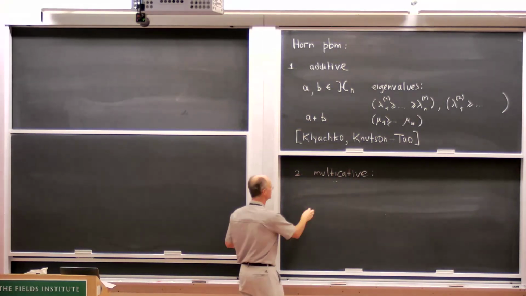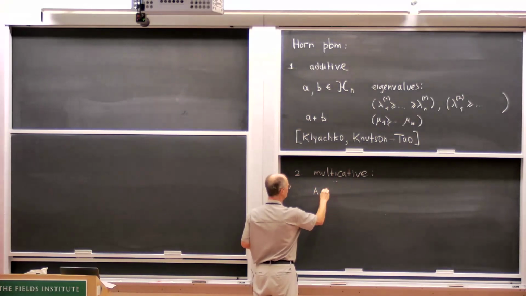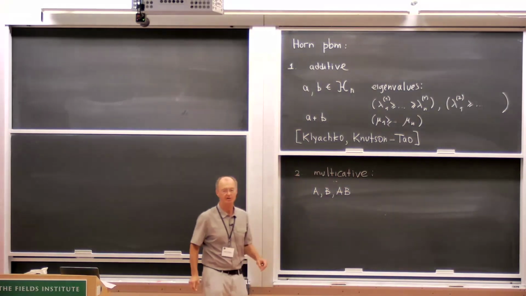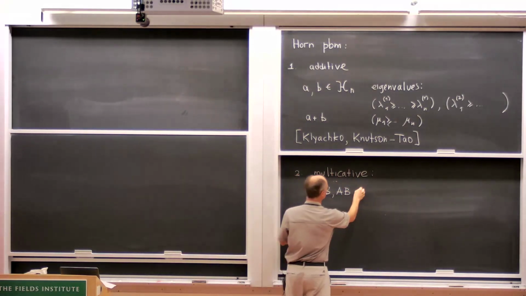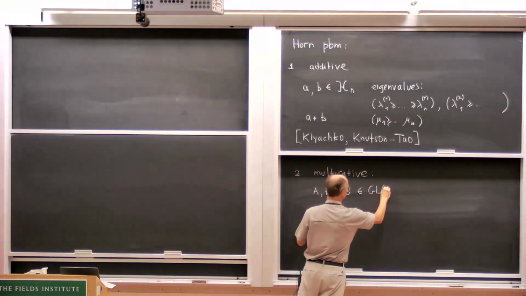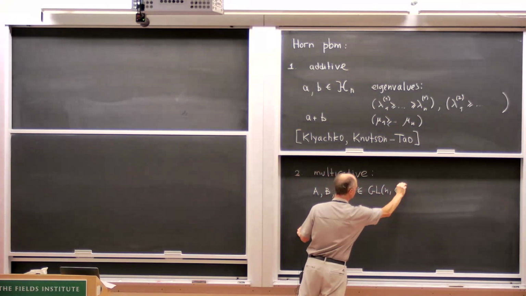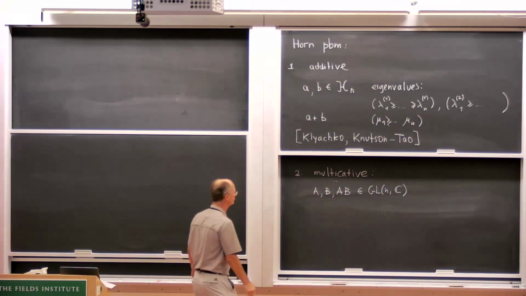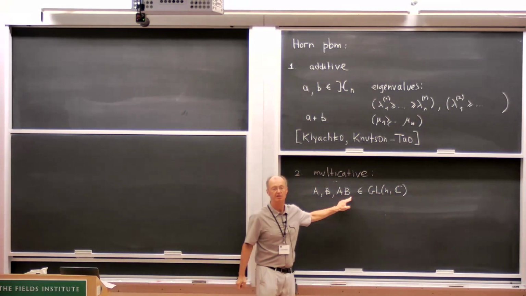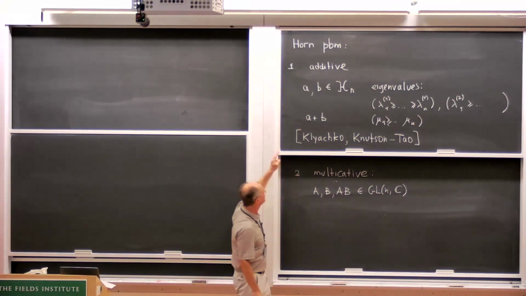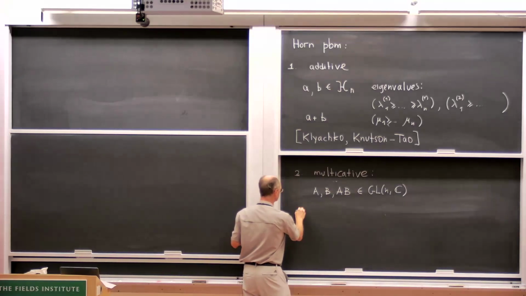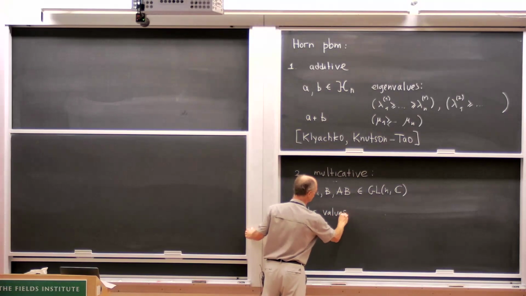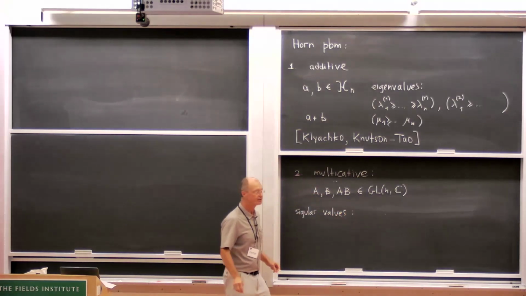So one of them is as follows. Now, instead of Hermitian matrices, you are taking elements in GL_n(C), or you can actually take elements in GL_n(R). So these are two matrices, A and B, and their product. And instead of eigenvalues, one is looking at what is called singular values.